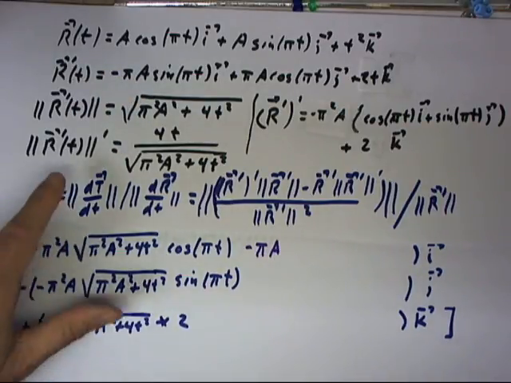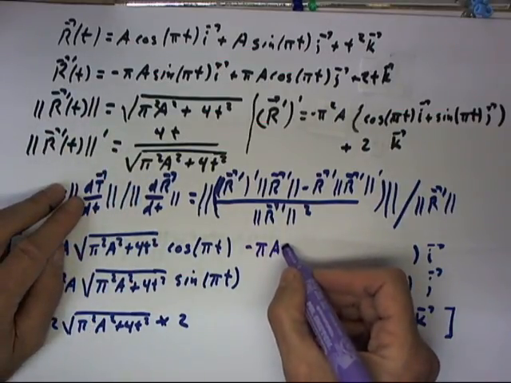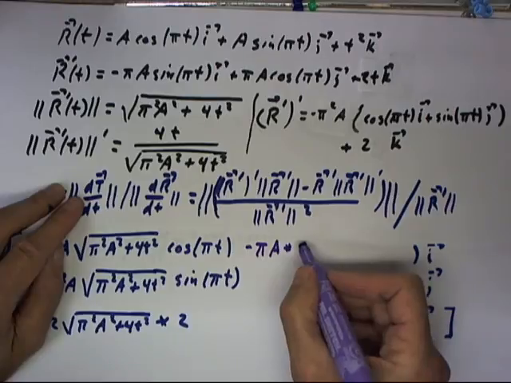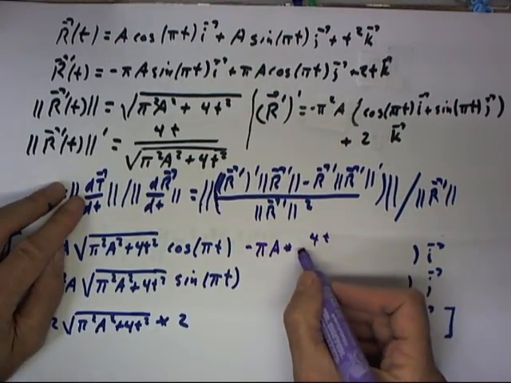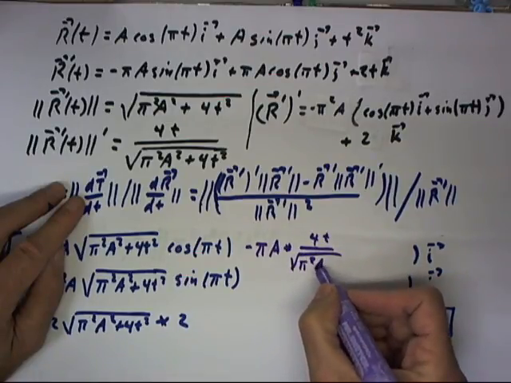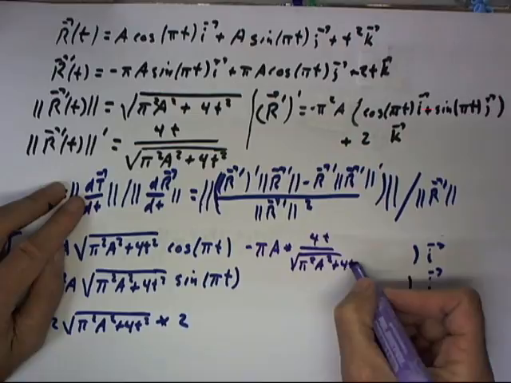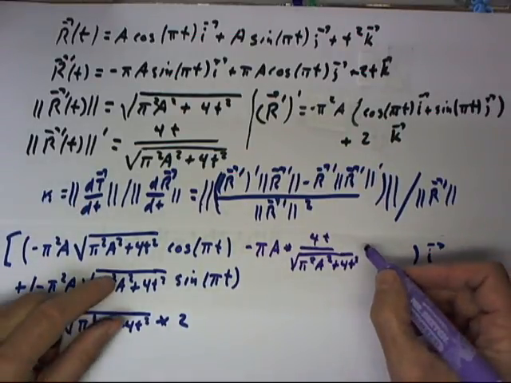multiplied by the r double prime magnitude, which is 4t divided by the square root of pi squared a squared plus 4t squared. And that's going to be times the sine of pi t.